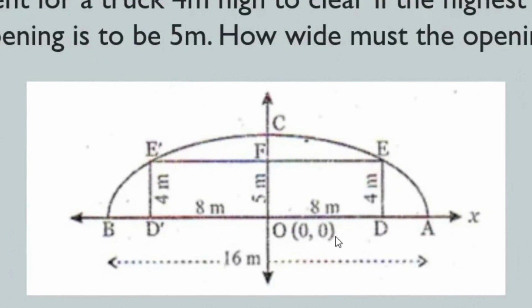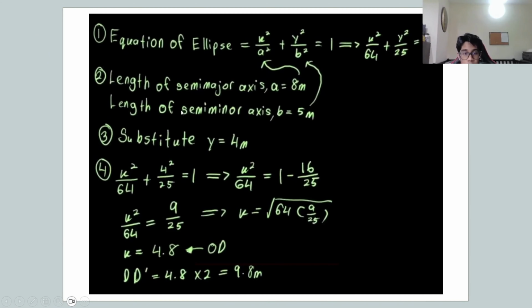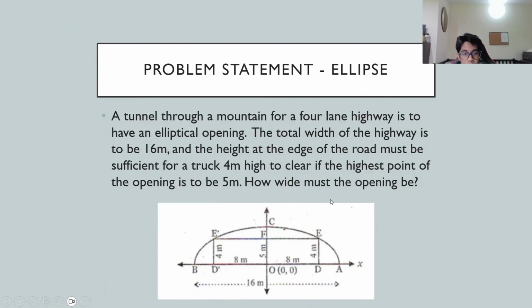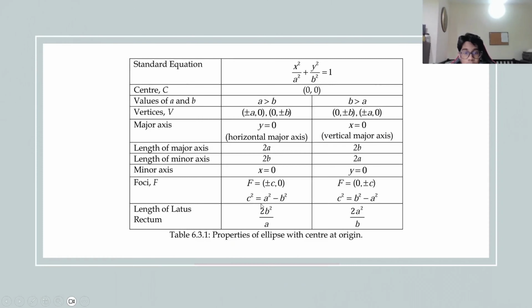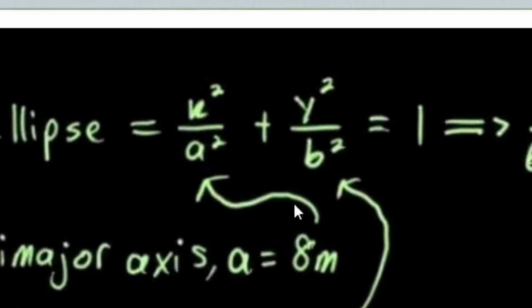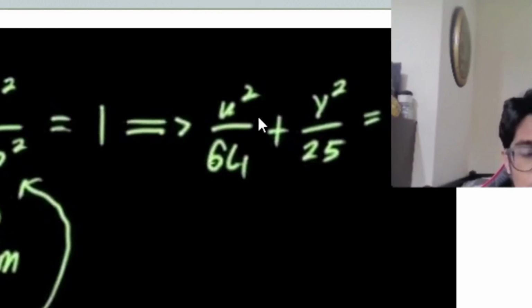On the diagram, the semi-major axis is either origin to A or origin to B. So it's technically just half the major axis. So the semi-major axis is 30 meters, and b is referring to the semi-minor axis, which is from origin to C, which is 5 meters. So we can just substitute a and b, and we end up with x squared over 900 plus y squared over 25 equals 1.